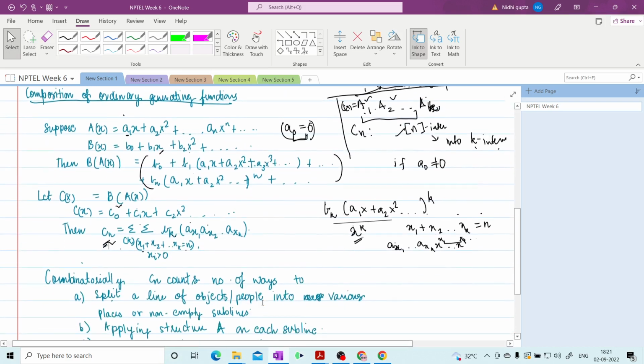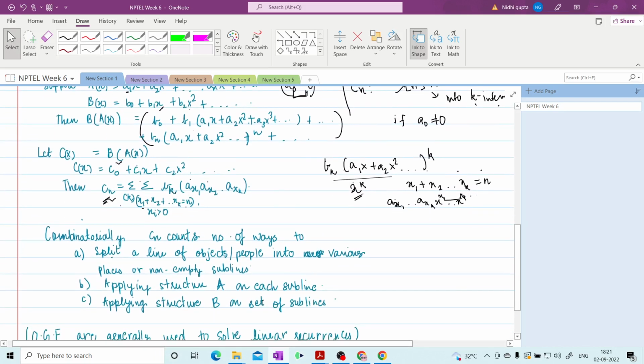Now that we have this composition, we want to see what it means combinatorially.